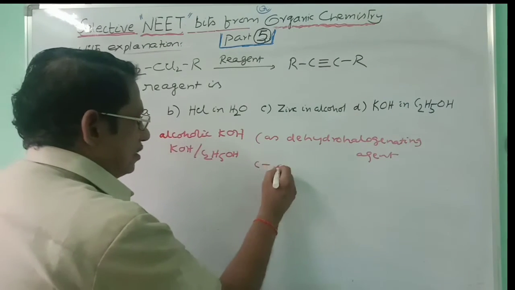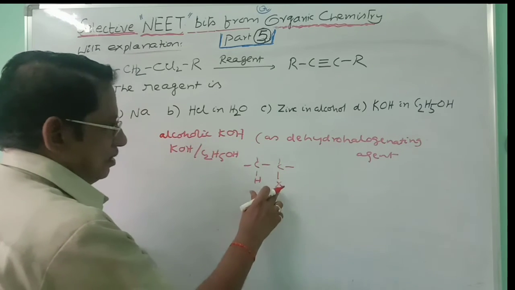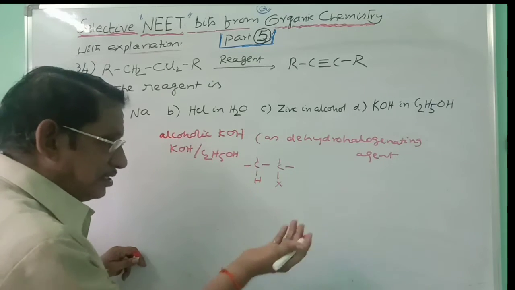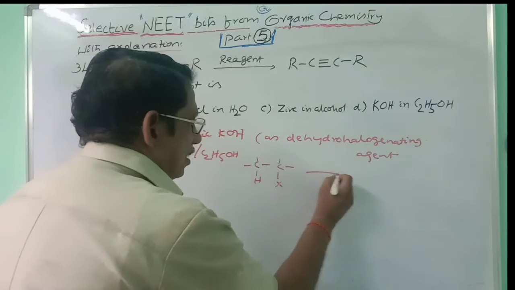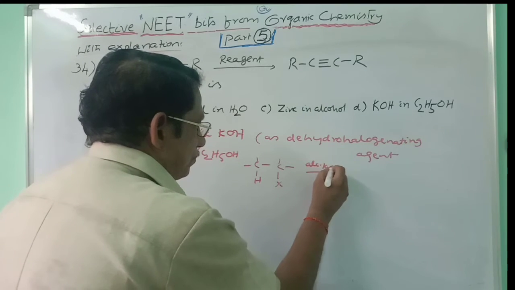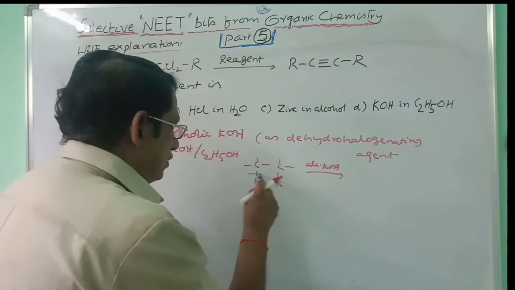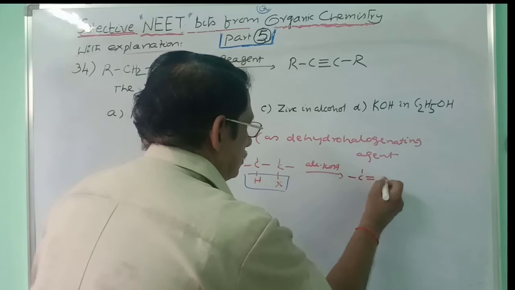That means you can take H here, X here. This is X, halo, this is the alpha carbon, and this is the beta carbon. There should be at least one beta hydrogen to have the dehydrohalogenation or any elimination reaction. When alcoholic KOH is used here, this is removed, eliminated like this, and you will get here C double bond C.